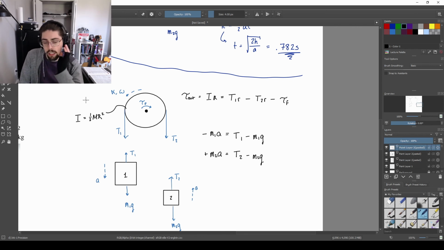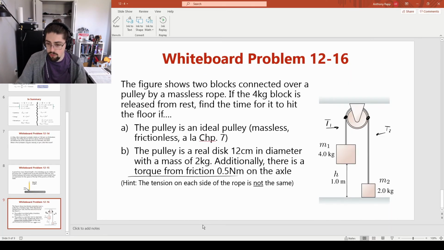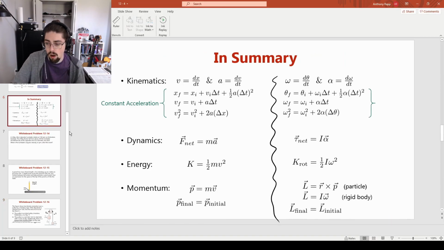How does alpha relate to A? How does V relate to omega? How does theta relate to X? All of these things, remember, that one-for-one transformation right there, all of these things that we have seen so far, this big slide, all the things that we've got on this one. And we don't even have it on here.